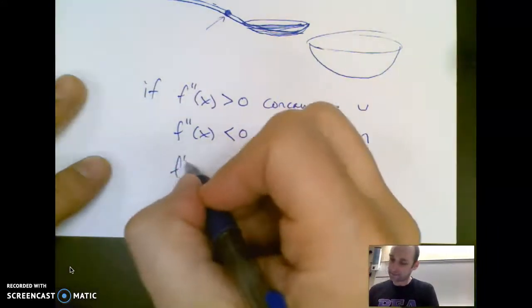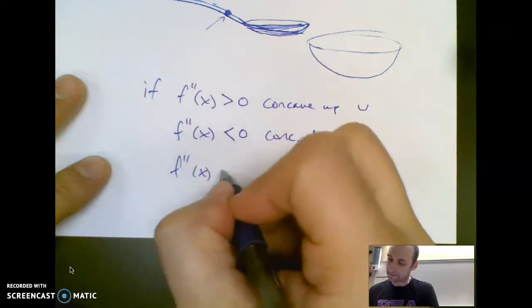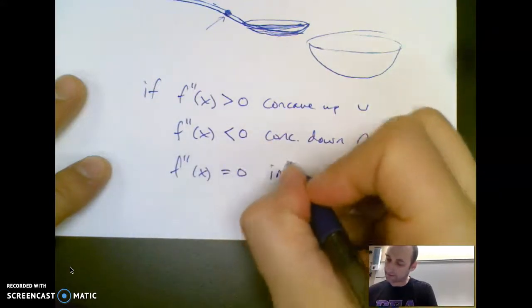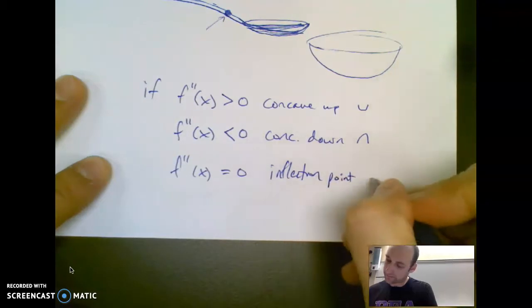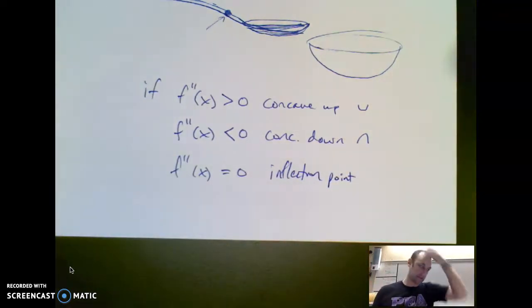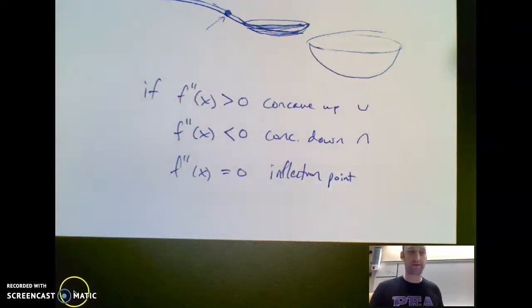And if your second derivative equals 0, you have an inflection point. That's where it switches. So that's kind of cool. That's pretty neat. So we'll do some problems where you have to do it all. It'll be a refresher of last time too.